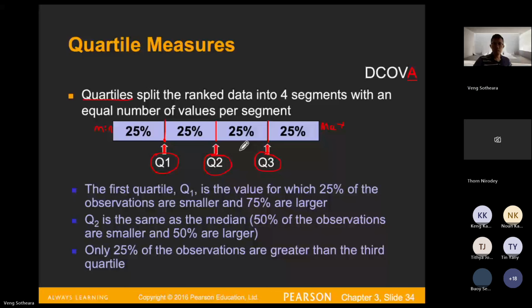So can anyone tell me, Q2 is something familiar? We already studied Q2, but under a different name. So what should be the name of Q2 that we have learned so far?